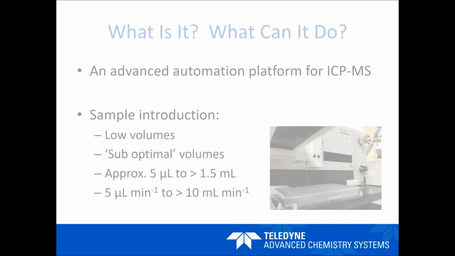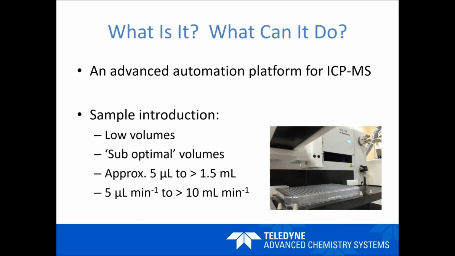So what is it? What can this system do? Well, it's an advanced automation platform. It's an advanced auto sampler for ICP-MS, and it's geared up specifically for the introduction of low sample volumes for ICP-MS, but also what we might call suboptimal volumes, and I'll make a distinction between the two as we go along.